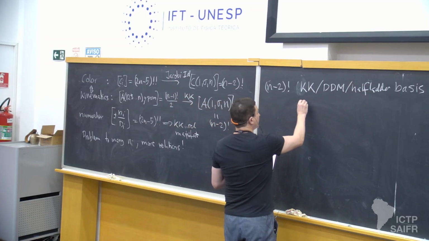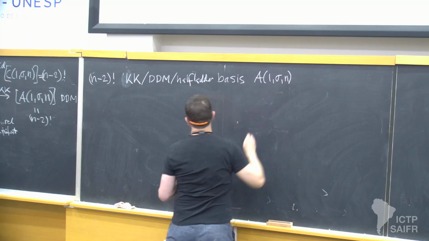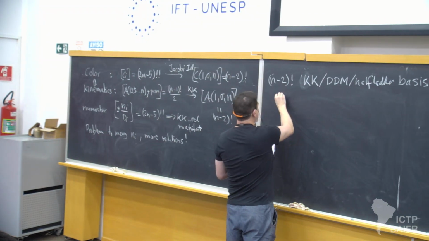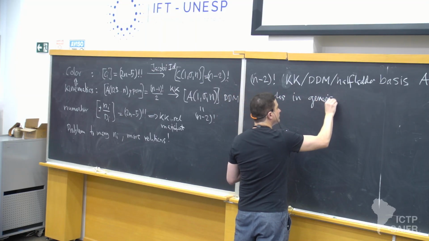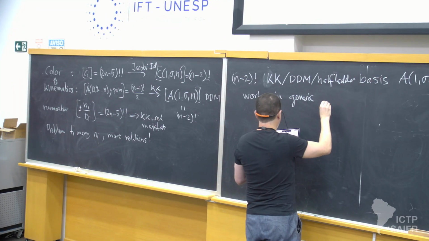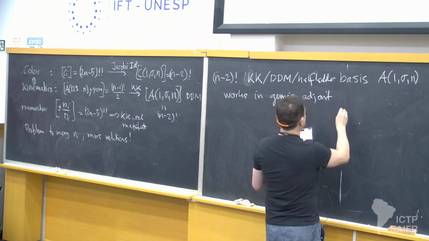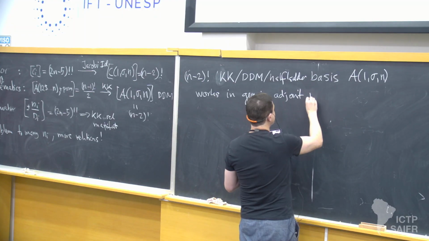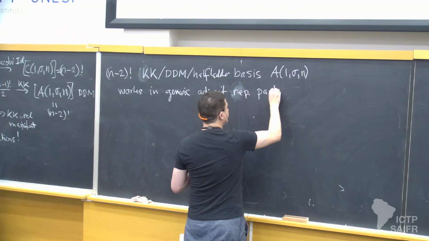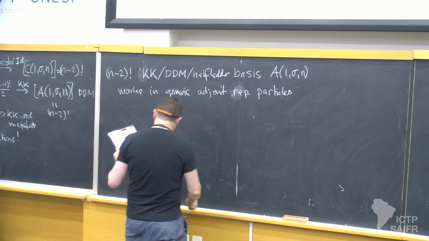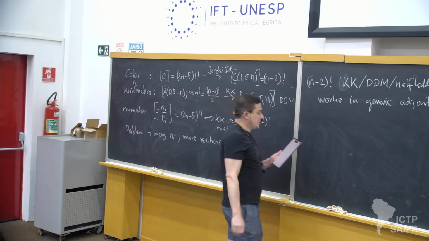So this basis A(1,σ,n), where σ is the permutation, works in generic gauge theory, or all gauge theories that have adjoint representation particles, such as pure Yang-Mills, for example, which only has gluons, all in the adjoint. But for all other particles that you put in the adjoint, this basis exists.